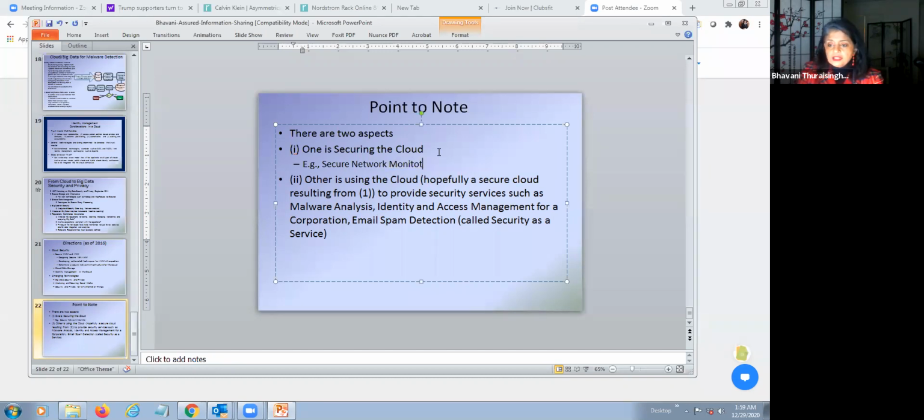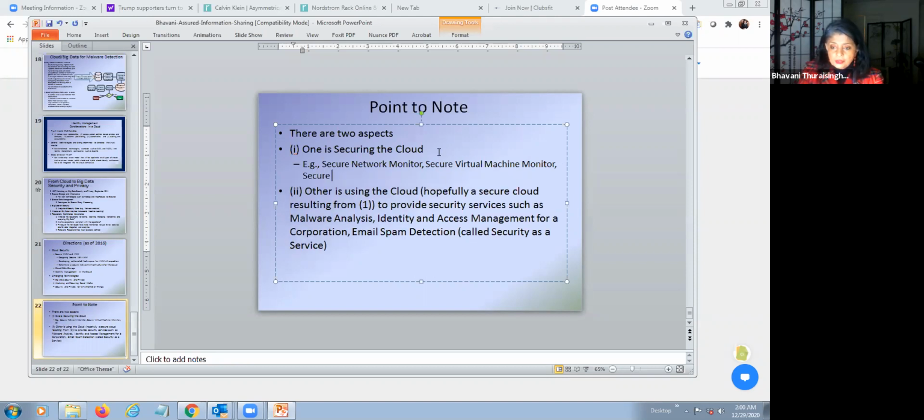So one is securing the cloud, for example, secure Hadoop, secure network, secure network monitor, secure virtual machine monitor. Then you can have secure data storage, cloud data storage, secure cloud query processing, right?